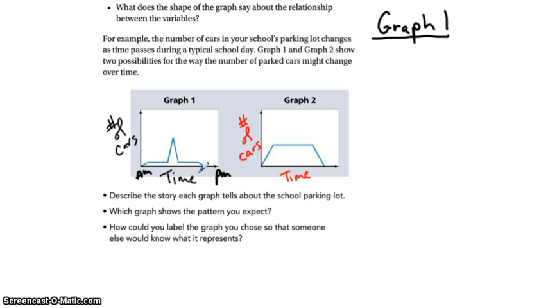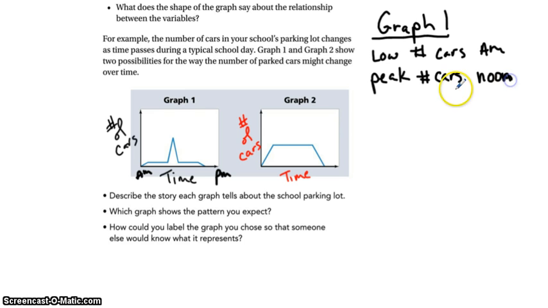So we have a low number of cars in the morning, a peak number of cars around noon. We can safely assume that that was probably around noon.